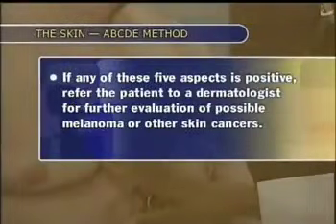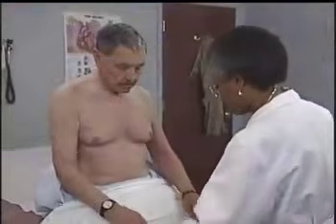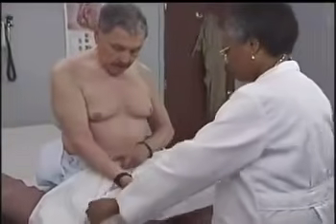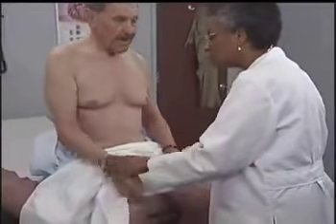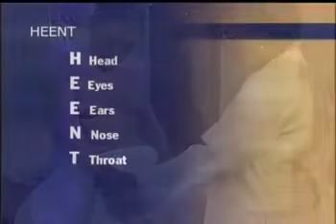If any of these 5 aspects is positive, refer the patient to a dermatologist for further evaluation of possible melanoma or other skin cancers. In older bedbound patients, inspect the skin also for erythema, bruising, or ulceration.